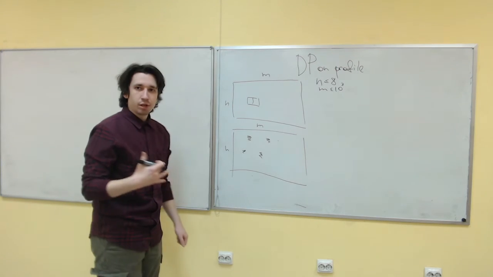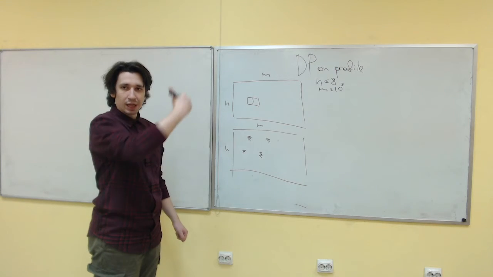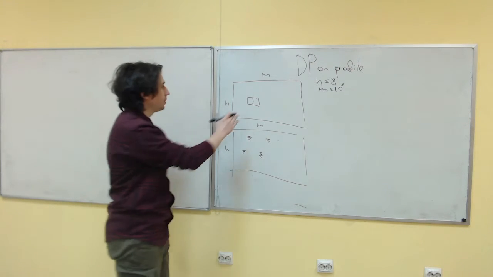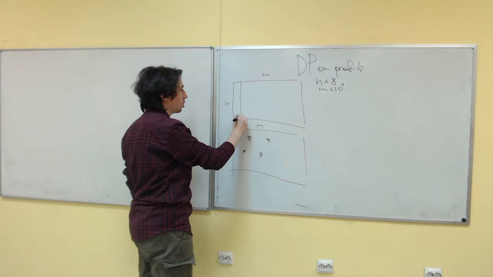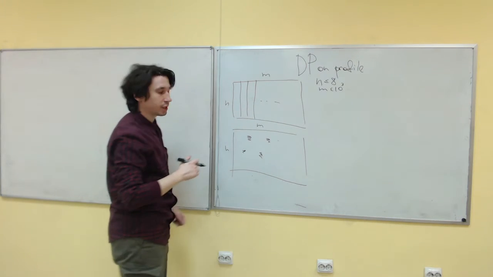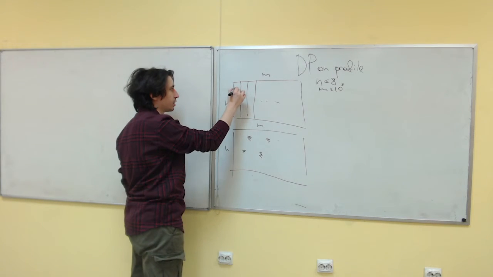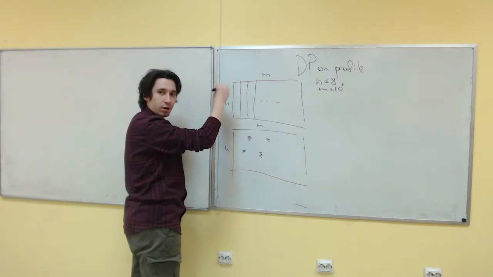Let us try to fill the dominoes line by line. We fill the first column, then the second column, then the third column, and so on. We see an empty cell, and we can put a domino either vertically or horizontally.